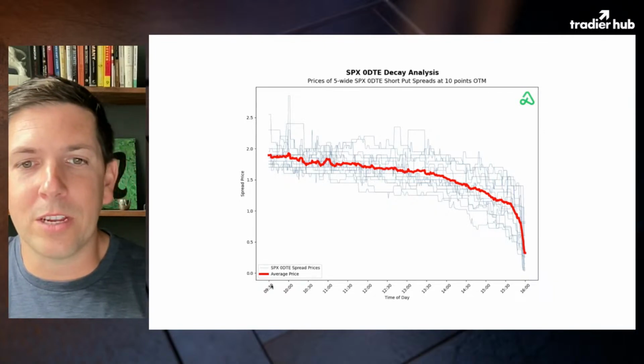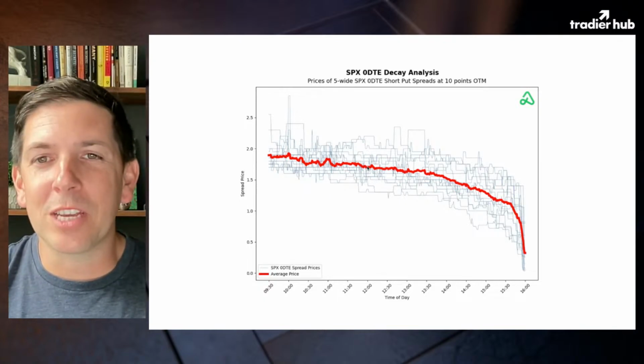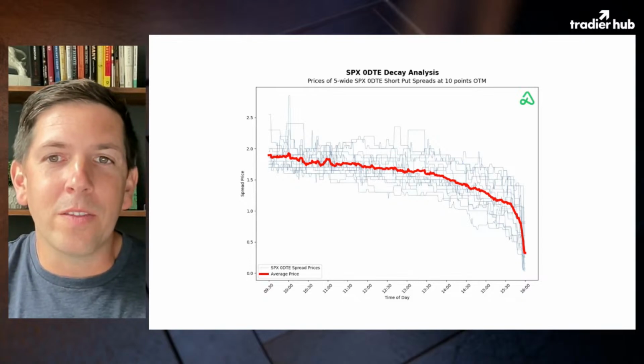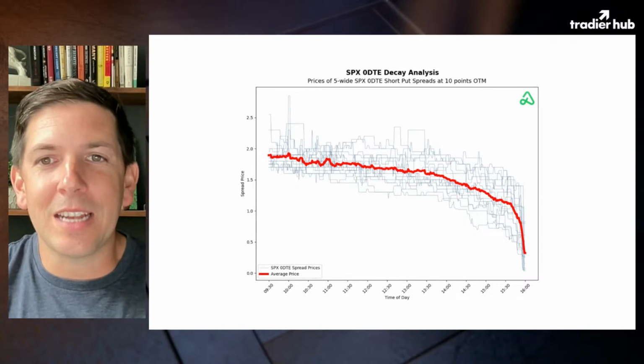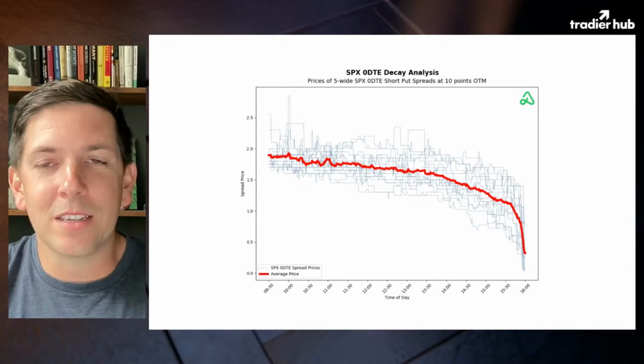From 9:30 to about 11:30, even 12 o'clock, you really didn't get much decay. This could be synonymous with looking at the 90, 60, 30-day time frame that we looked at in the last chart, but just scrunched down to an entire day's trading session.